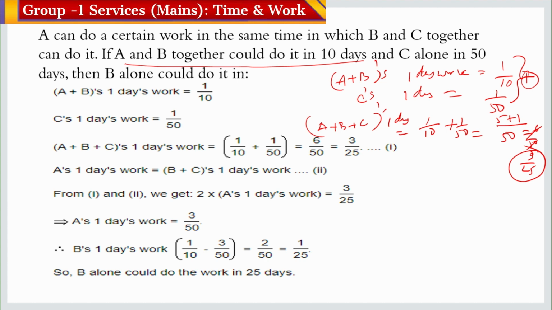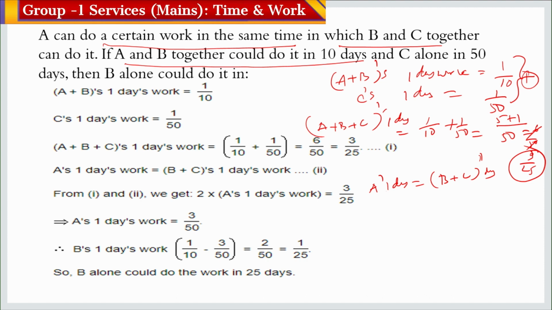What is given? A can do a certain work in the same time as B and C together, means A's 1 day work is equal to B plus C's 1 day work, correct? This is the given information.